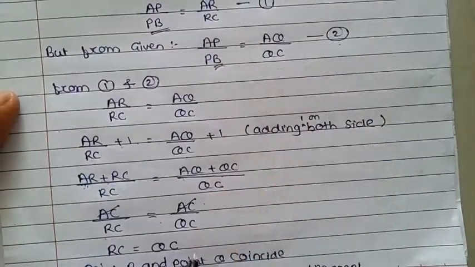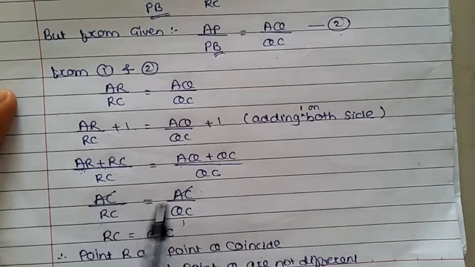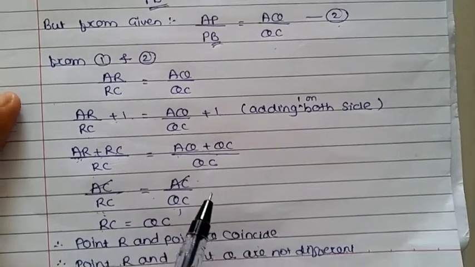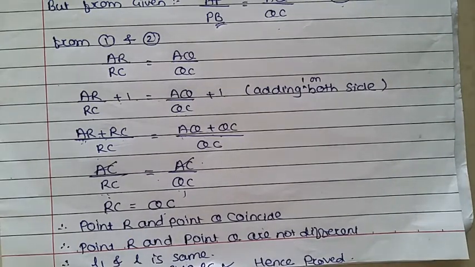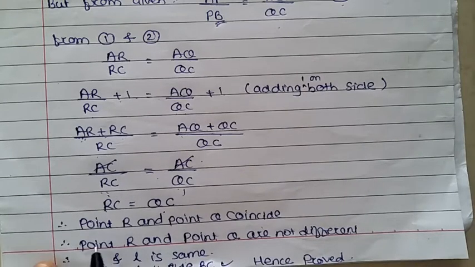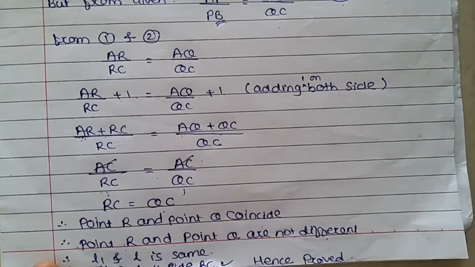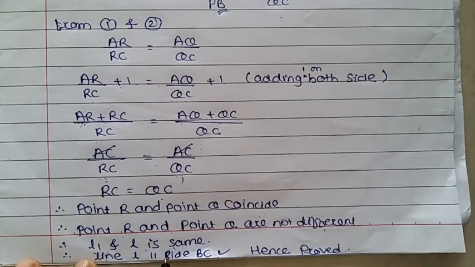That means AC upon QC; this AC gets cancelled, then we can write RC is equal to QC. That means R and Q points coincide, they overlap each other. Then we can say that point R and point Q are not different. Then the L1 and L lines are the same. Then we can write line L is parallel to side BC, hence proved.